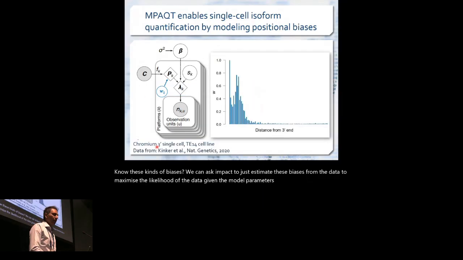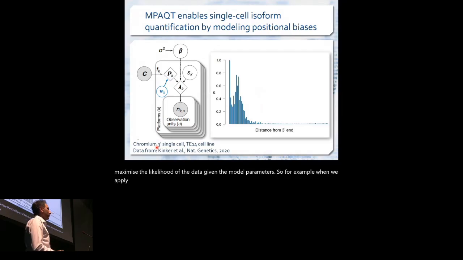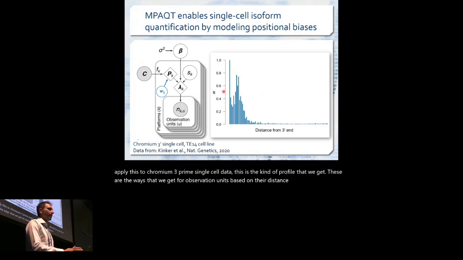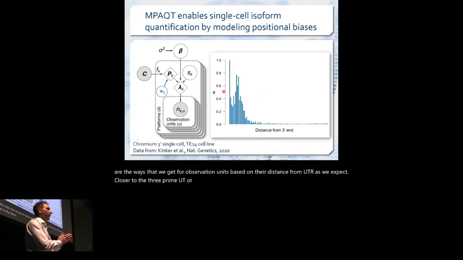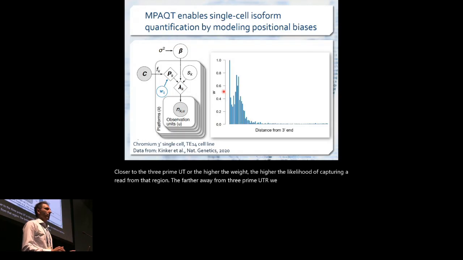For example, when we apply this to Chromium 3' single-cell data, this is the kind of profile that we get. These are the weights for observation units based on their distance from the 3' UTR. It's as we expect: the closer to the 3' UTR, the higher the weight, the higher the likelihood of capturing a read from that region. The farther away from the 3' UTR we go, the probability goes down. So the weight profile makes sense.